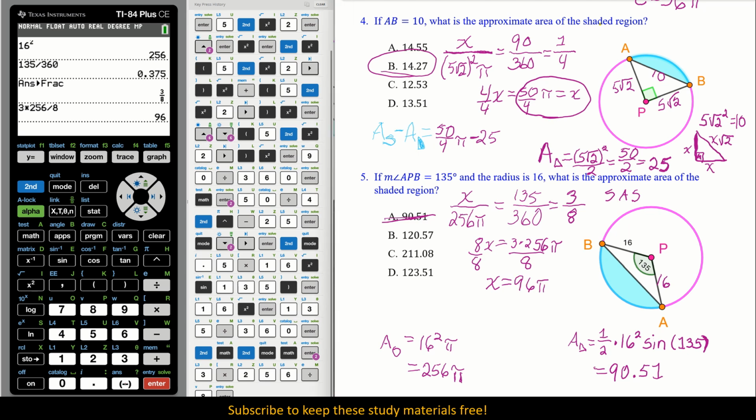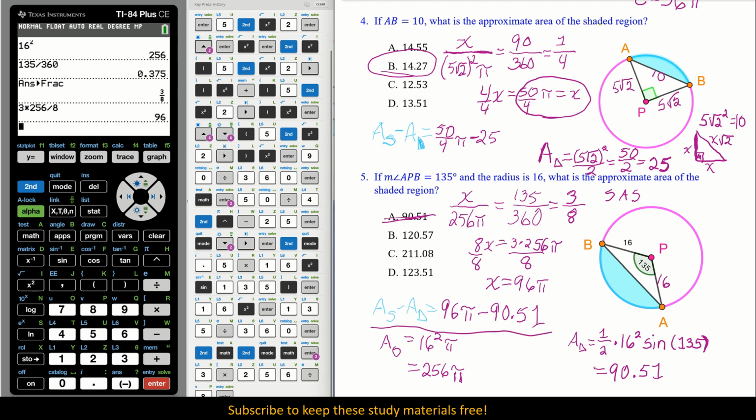96 pi. So now, what do we need? We need the area of the sector minus area of the triangle, which equals 96 pi minus 90.51.